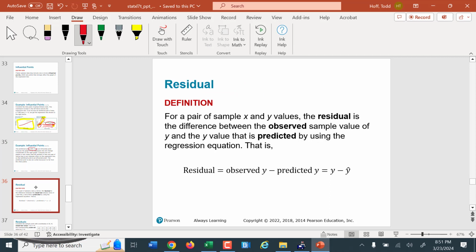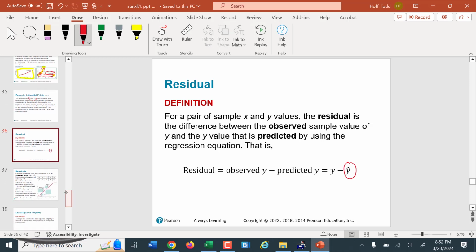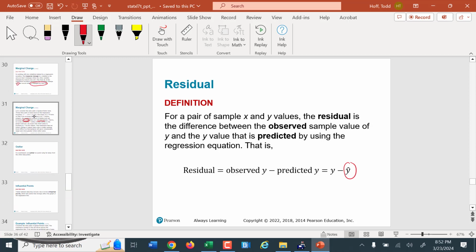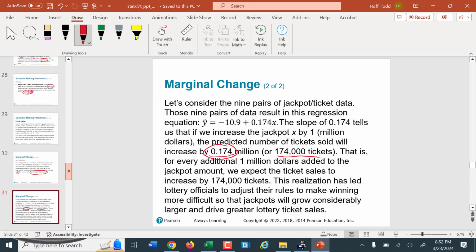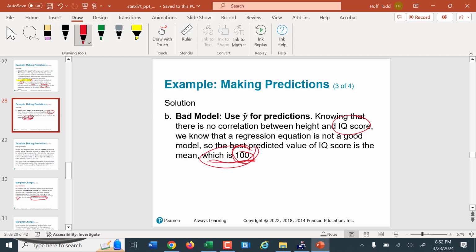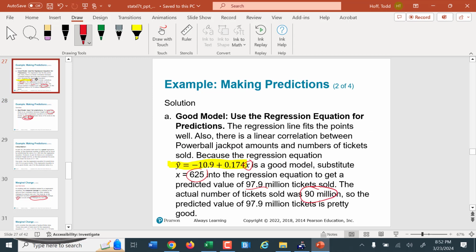So the residual is the difference between the observed value, the actual value, and the value predicted by the equation. The predicted value is that Y hat from the regression equation. So we saw that example where, let's go back a ways more. The actual value is 90 million for the jackpot of 625 million.